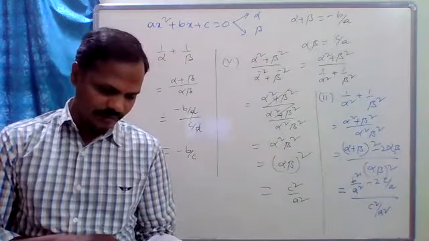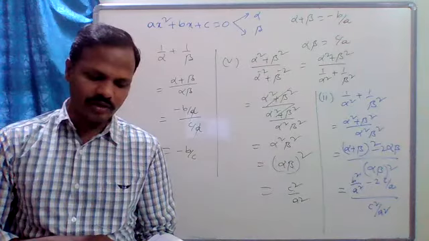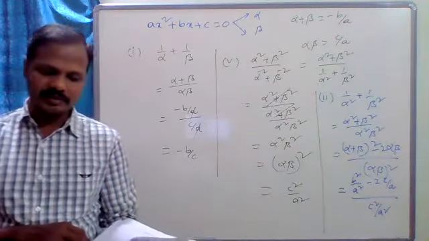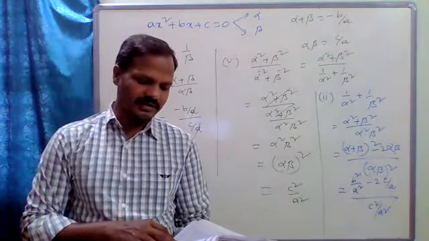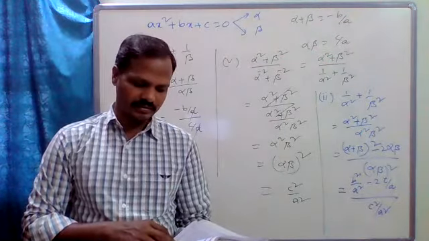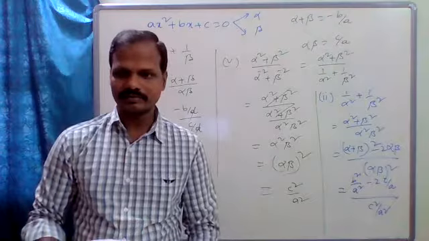Find the condition that one root of quadratic equation ax square plus bx plus c equals 0 shall be n times the other, where n is a positive integer.